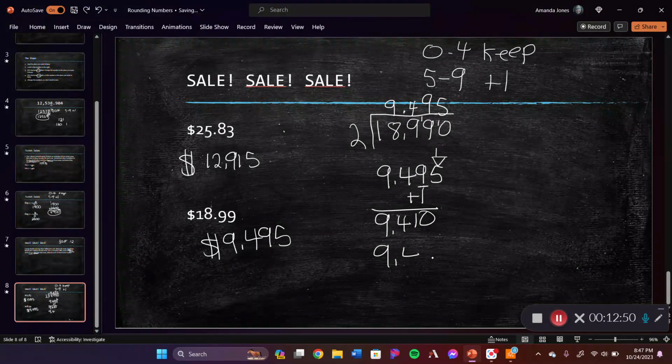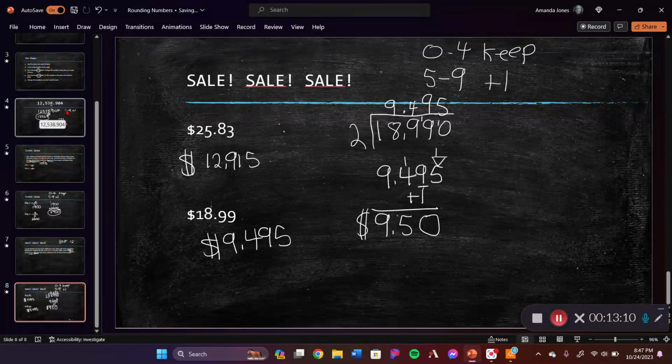Okay? So what you do is this. If you were to add 9 plus 1, you'd get 10, right? Like we said, but you would carry the 1. So that brings it to 5. So they had to pay $9.50. Okay? So anytime that you have a 9, let's just make one.